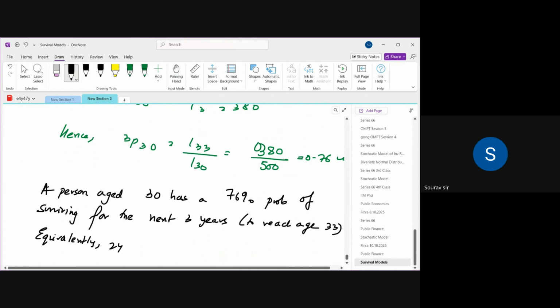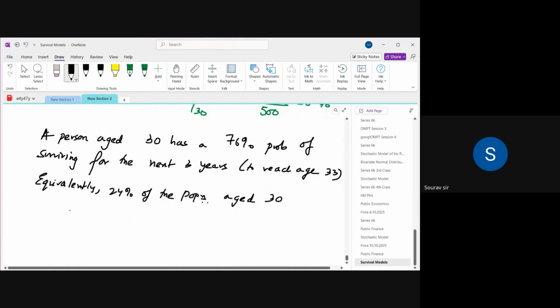Equivalently, 24% of those aged 30 are expected to die before reaching age 33.